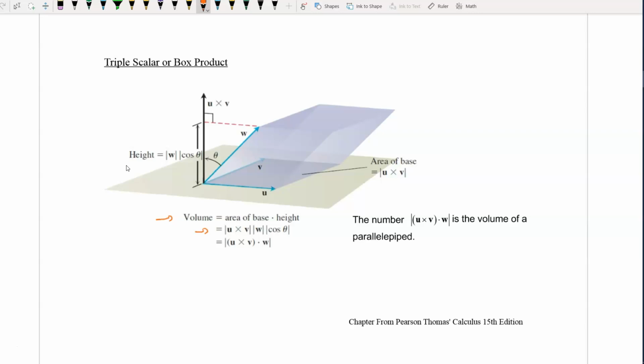And so this is what we have for height. Height is equal to the length of W multiplied by cosine theta.